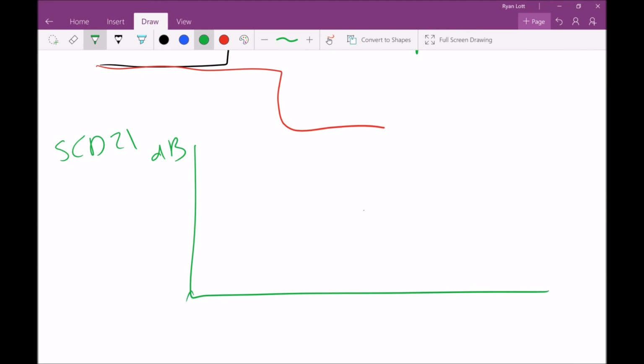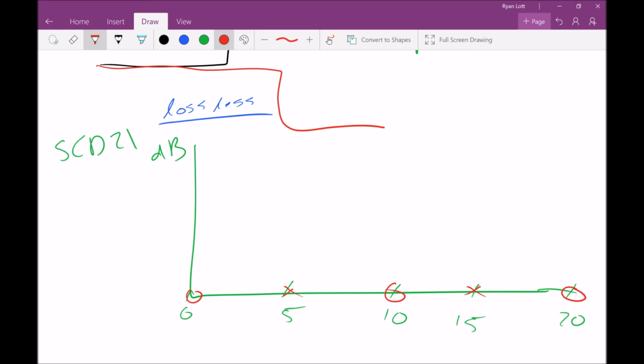Let's say that this is 0, 5, 10, 15, 20 gigahertz. In a lossless situation, we can expect our mode conversion plot to have nulls here, here, highs here, here, here. So at the end of the day, it will look like this.